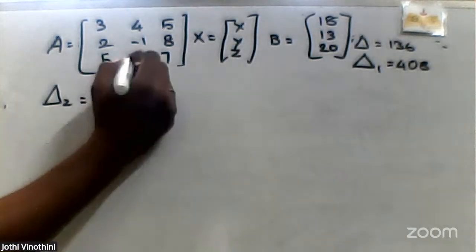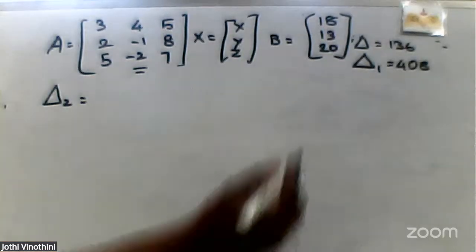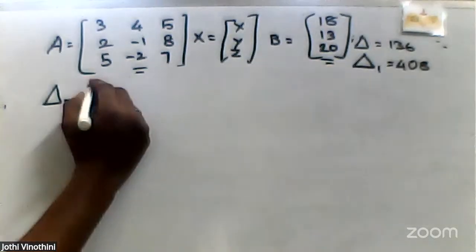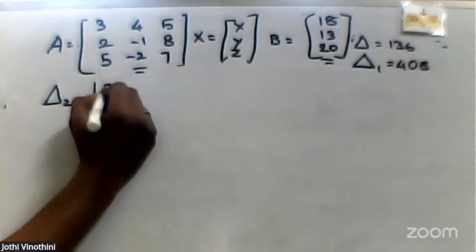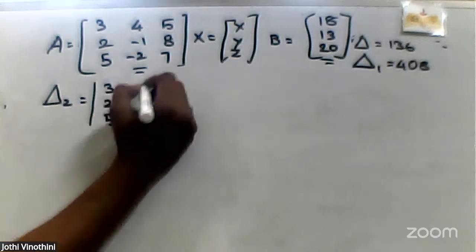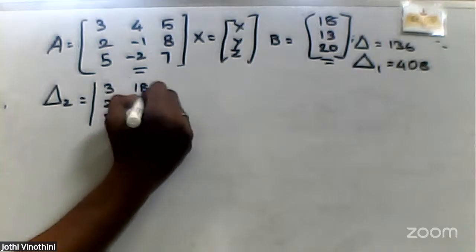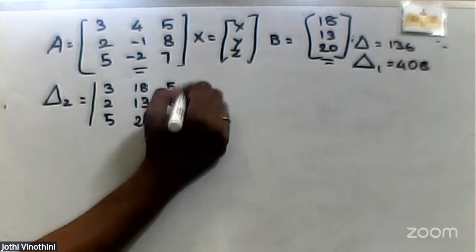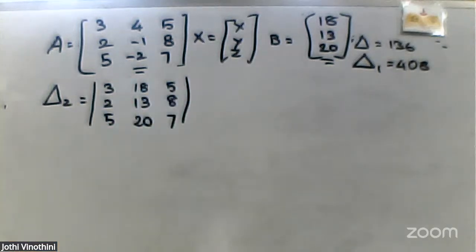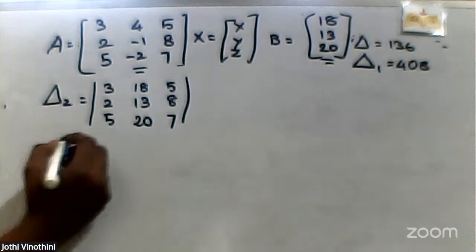Simple. We are going to replace column 2 with the elements of B. Shall we? Yes. So del symbolizes the determinant. 3, 2, 5, 18, 13, 20, 5, 8 and 7. Clear? Clear.